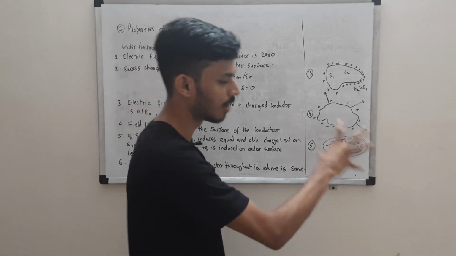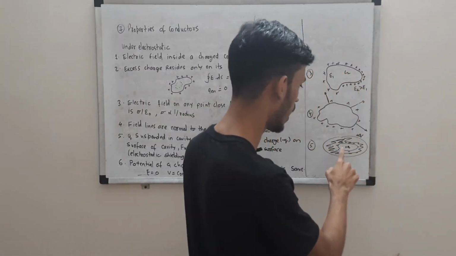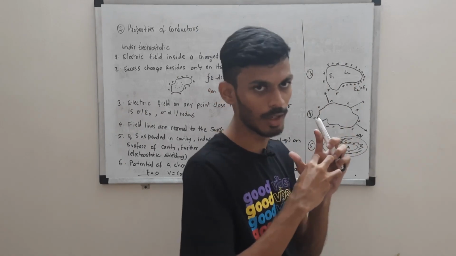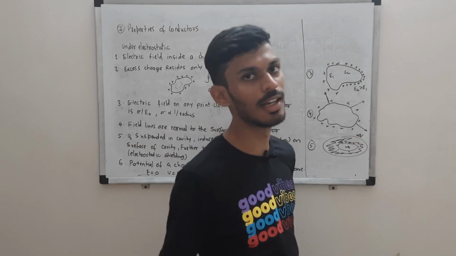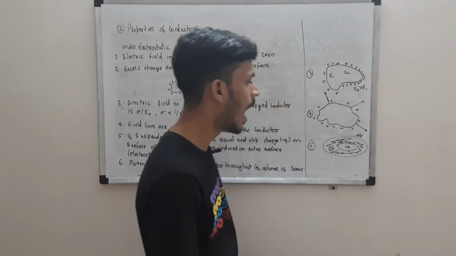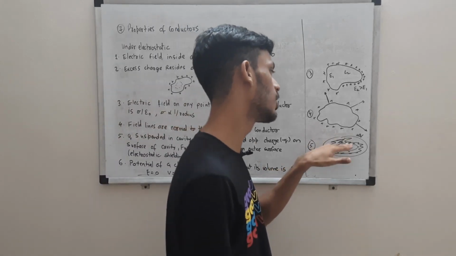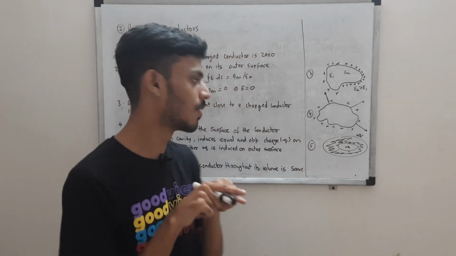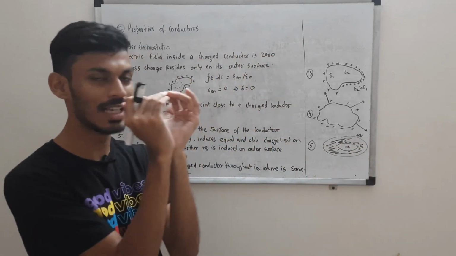Here, point number 5. So here we have a conductor, and we have the material inside. We have created a cavity. We just imagine an entire sphere, and we have created a cavity in between. In that cavity, suppose we place a charge plus Q. Then minus Q will be induced on the surface of your inside sphere.